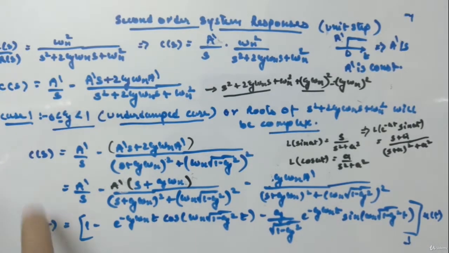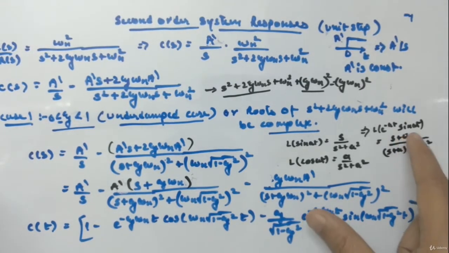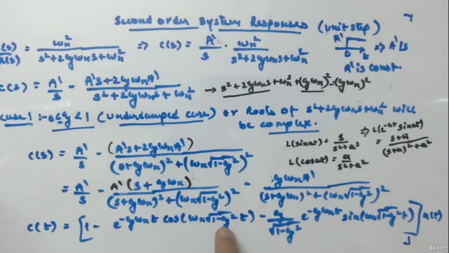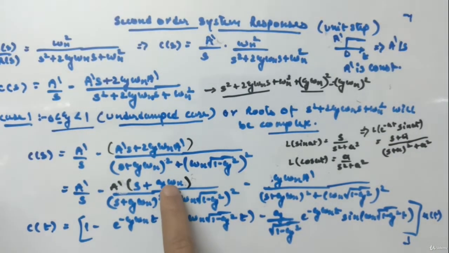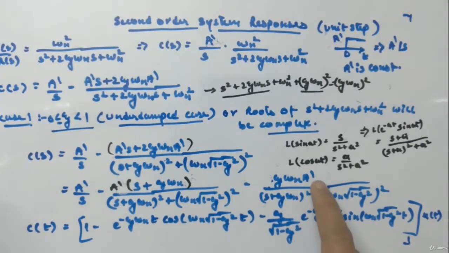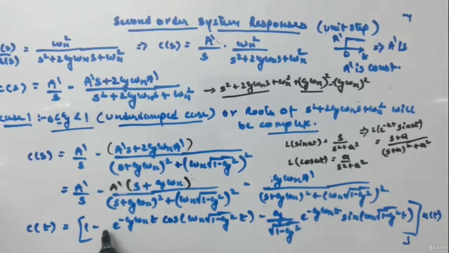So when you take the inverse, C(s) becomes c(t) equals 1 minus e to the power minus zeta omega n t. Zeta omega n is my a, here you can see s plus a, so e to the power minus zeta omega n t times cos of omega n under root 1 minus zeta square t, because the s term is there above. But here it is constant, that is why zeta omega n a dash will be there.